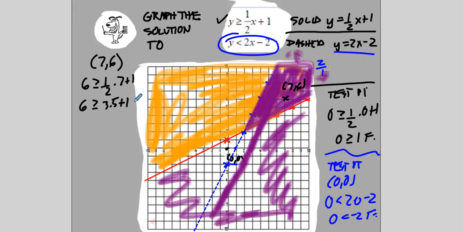That's true because 4.5 is less than 6. And then let's take it into the other inequality, again, y is 6. That's less than 2 times 7 minus 2, because 6 is less than 14 minus 2 is 12, so that's true. So this is an example of a point that satisfies both inequalities, so it is part of the solution set.